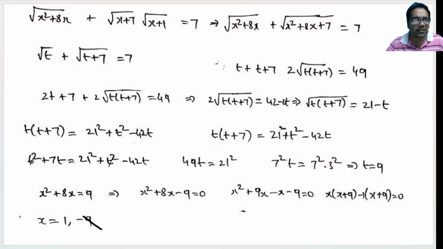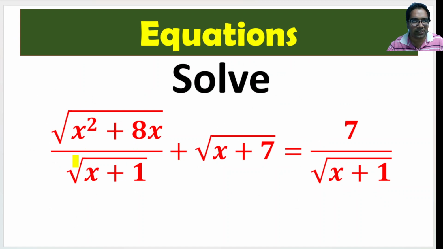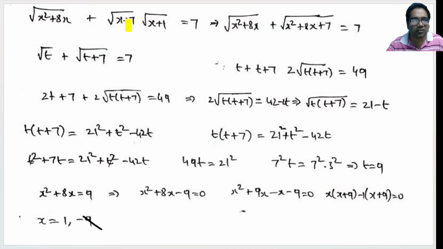If you multiply that, this becomes root x square plus 8x, because this will go away. The second term becomes under root x plus 7 into under root x plus 1, and the third term becomes 7. Under root x plus 7 into under root x plus 1 equals 7. This becomes under root x square plus 8x, and here x square plus 7 plus 1 times x, which is x square plus 8x plus 7.